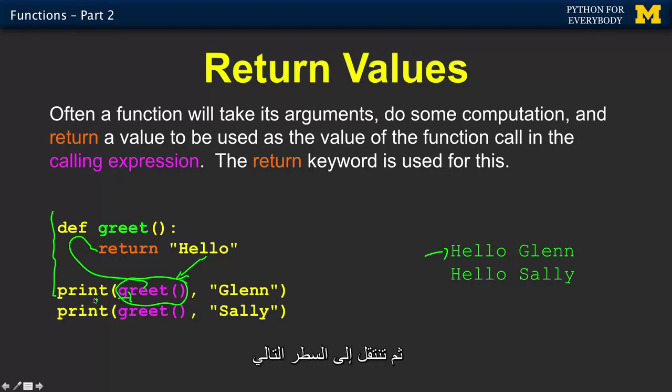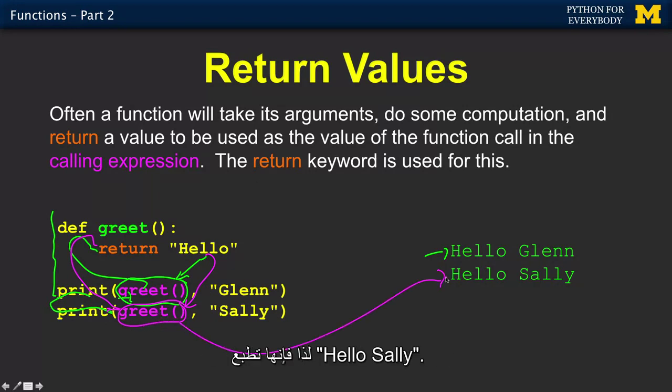And then it goes on to the next line, it runs greet again, comes in here, and so now hello becomes this residual value. Now it's not very clever, but you get the idea. This residual value, it's set like hello Sally, so it prints out hello Sally.